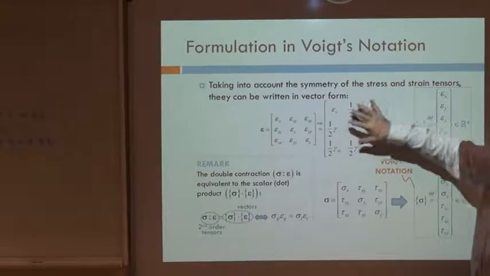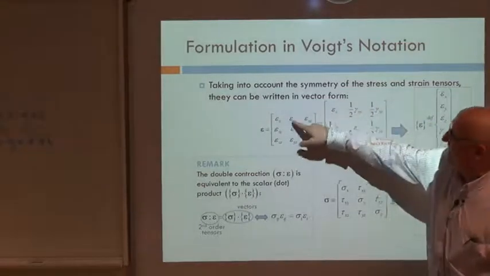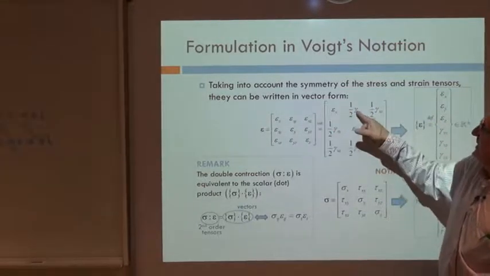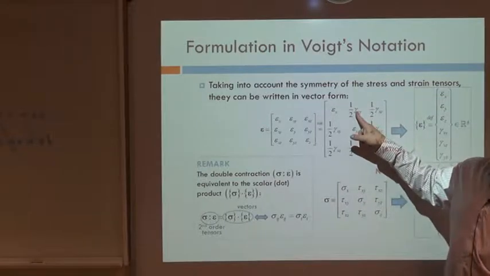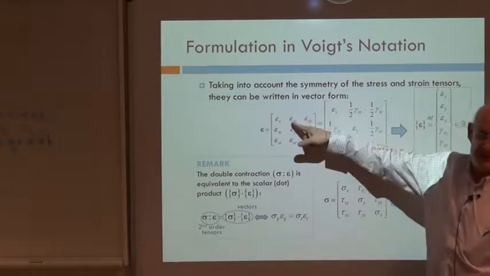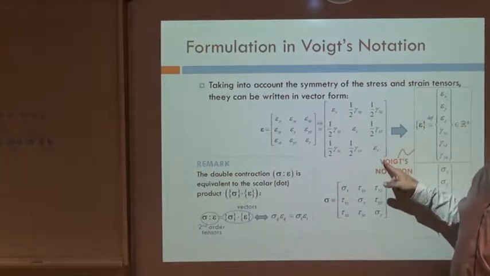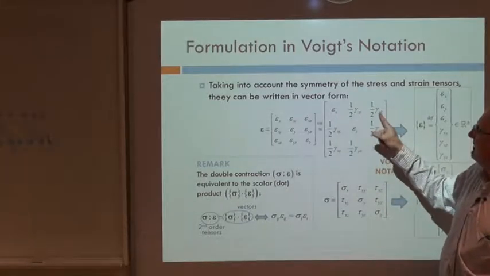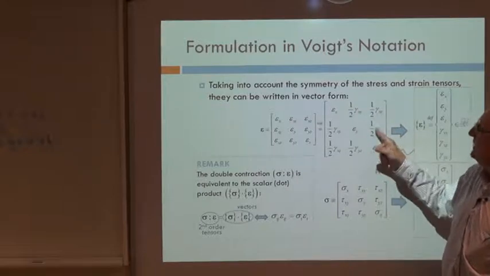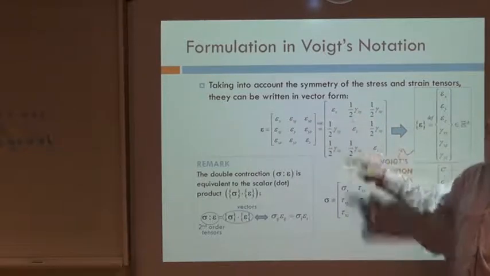And sometimes engineers just write these off-diagonal terms in terms of the angular strains, which are twice this. Okay, so this is the way. So these are elongations, and these are gamma xy, gamma xz, gamma yz, the angular strains, and this part is symmetric to that one.